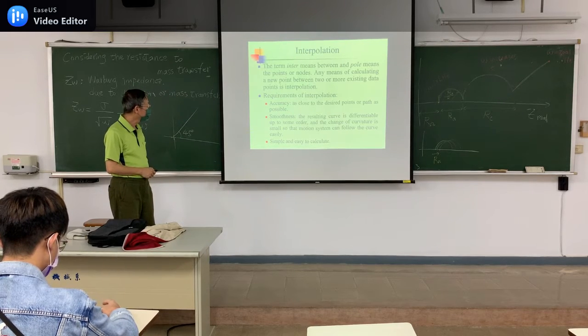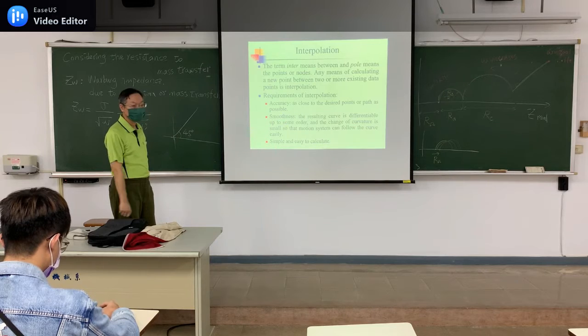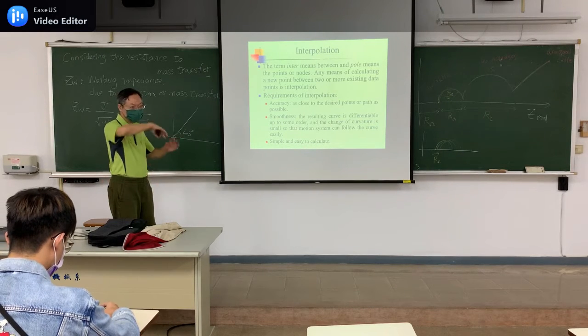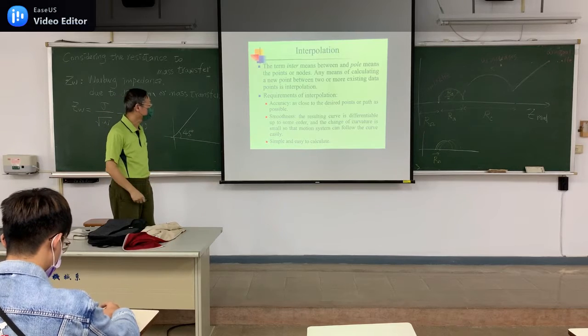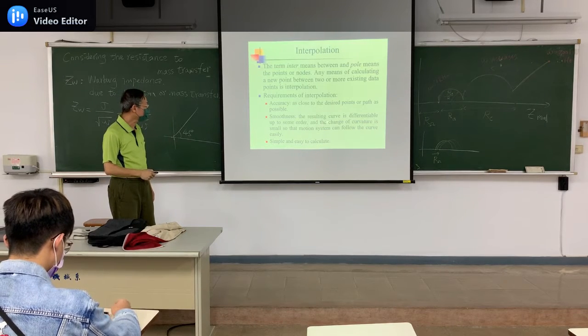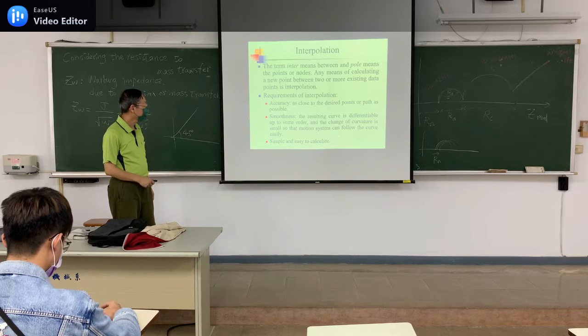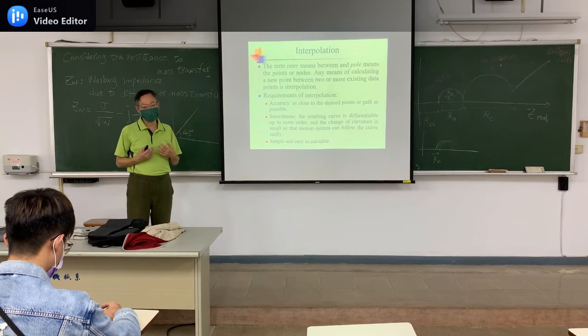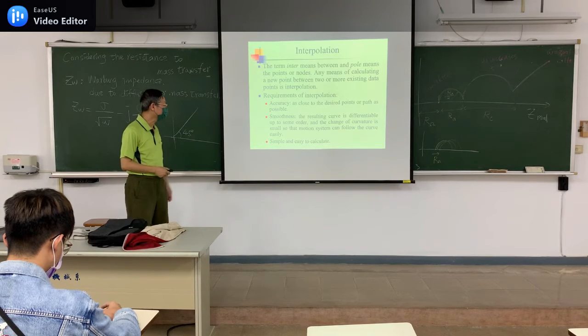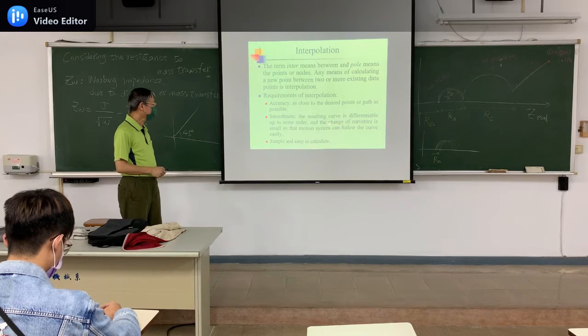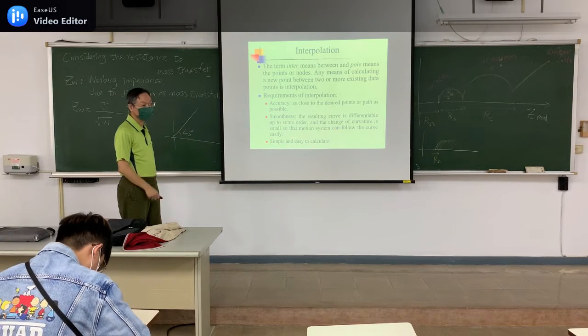And smoothness, meaning that the whole curve in the whole graph can be differentiable up to some orders. It's smooth. In other words, the change of curvature is as small as possible. So why do we want to have a small change in curvature? Because in such a way, the motion system can follow the curve easily.